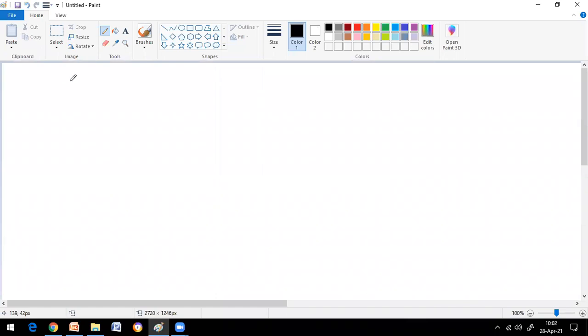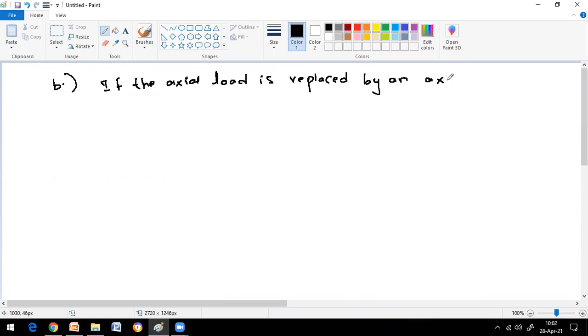In the same question, what is the second bit? If the axial load is replaced by an axial torque, then what will be the angle of rotation?